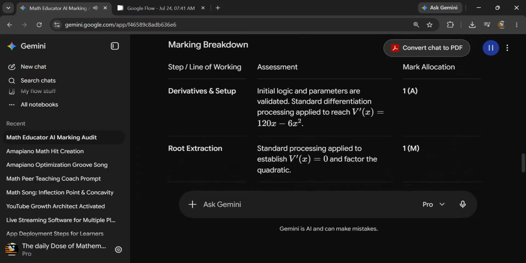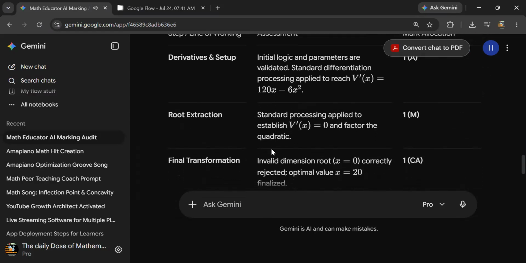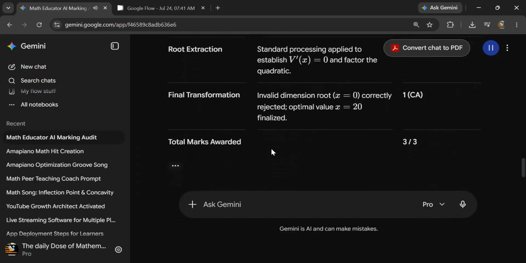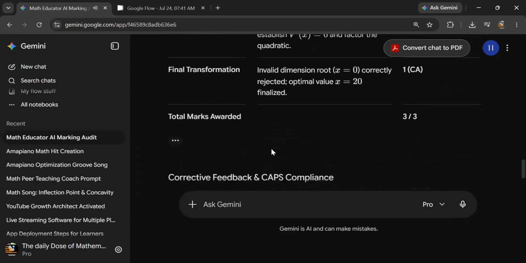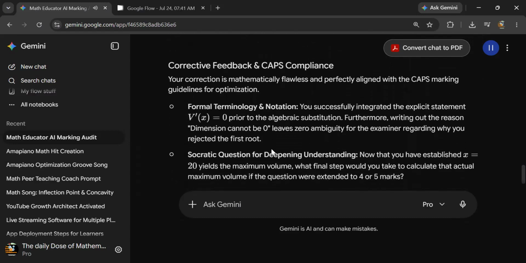Standard processing applied to establish V'(x) equals 0 and factor the quadratic. 1M. Final transformation. Invalid dimension root, x equals 0, correctly rejected. Optimal value x equals 20 finalized. 1CA. Total marks awarded 3/3. Corrective feedback and CAPS compliance.